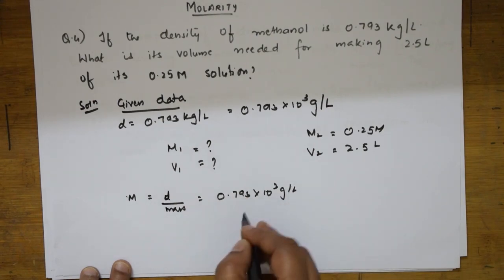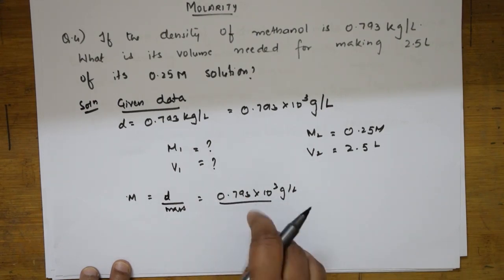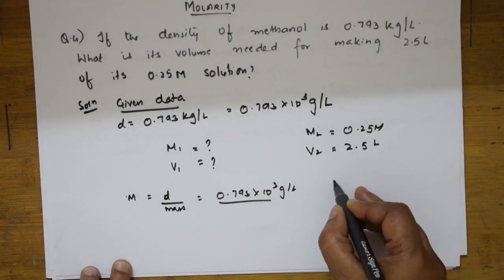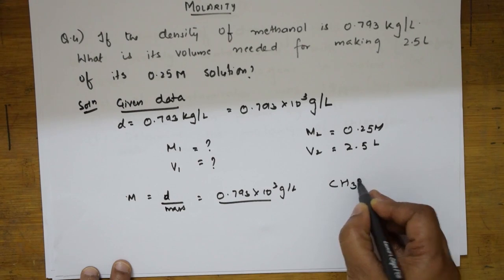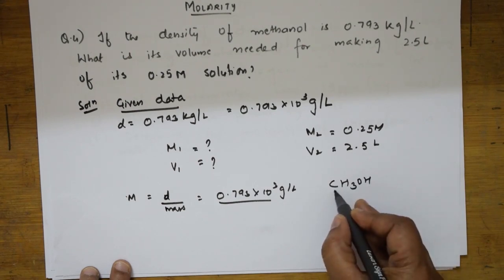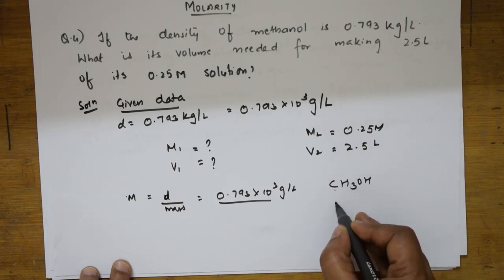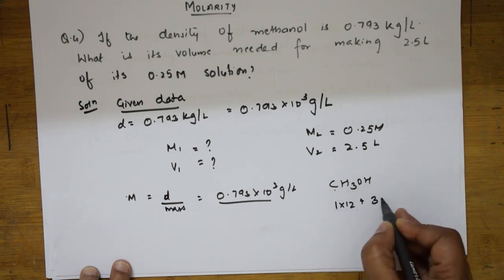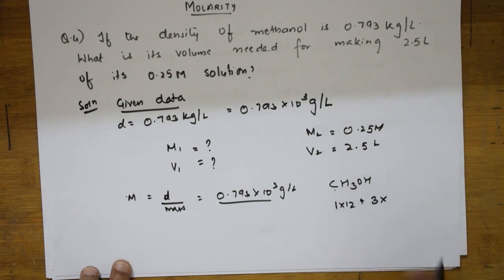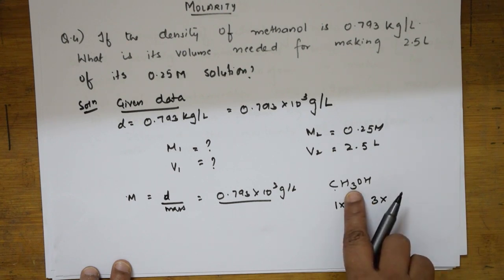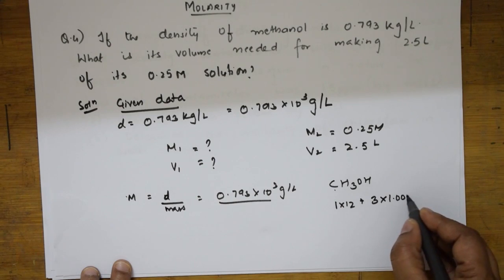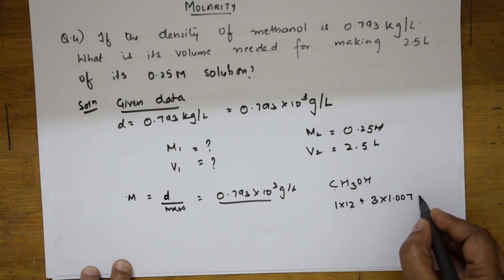Right, how much is the weight? I need to calculate the molar mass. What is the molar mass of methanol? Methanol is CH3OH. Now calculate for carbon: 1 into 12, plus 3 into 1.007, plus 16.